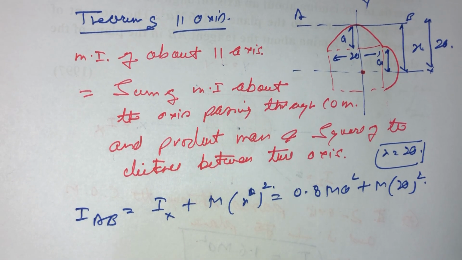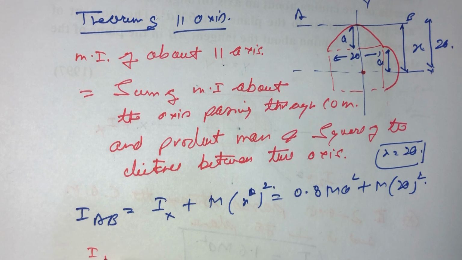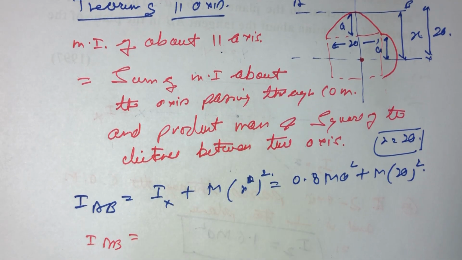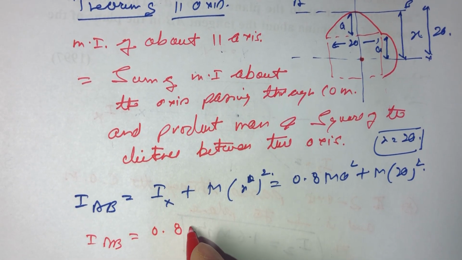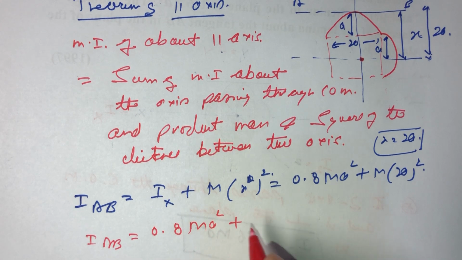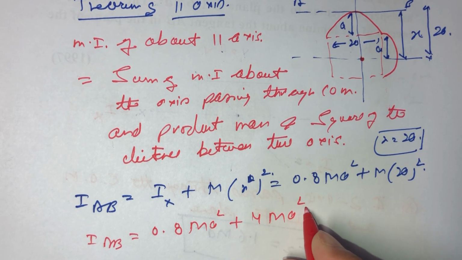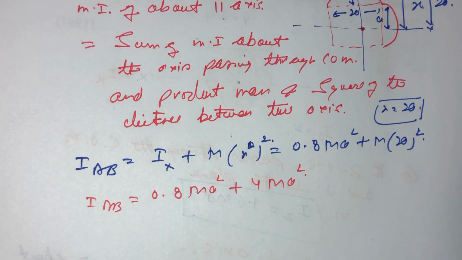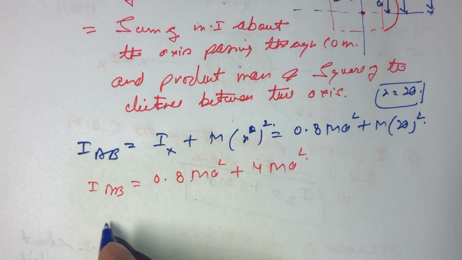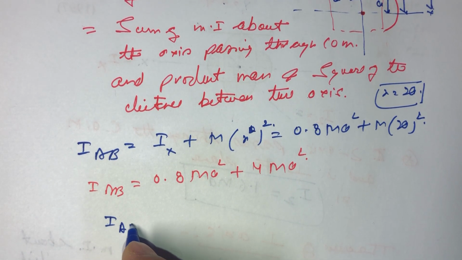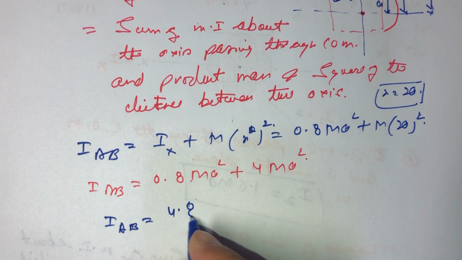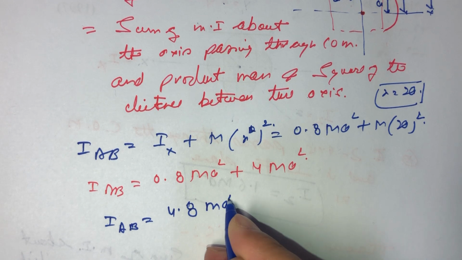So therefore we get IAB will be equal to 0.8 ma square, plus this will be coming as 4 ma square. Therefore the moment of inertia along the tangent line to the given lamina IAB will be equal to 4.8 ma square.